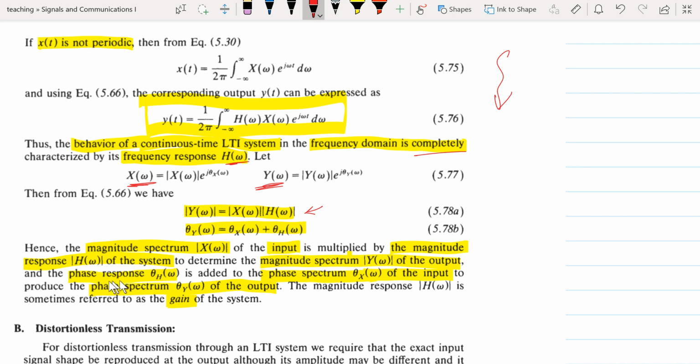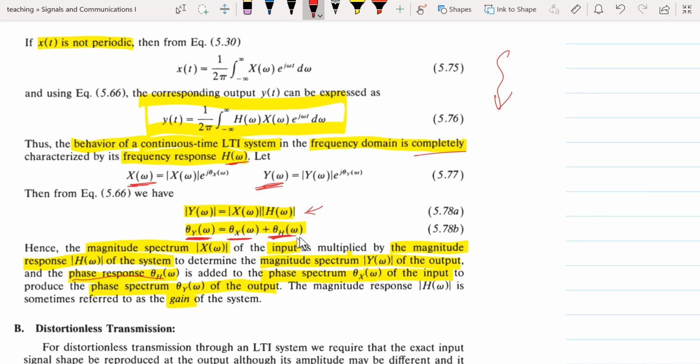Similarly, the phase of the output is the summation of the phase spectrum of the input and the phase spectrum of the system, the one we are describing as the phase response.